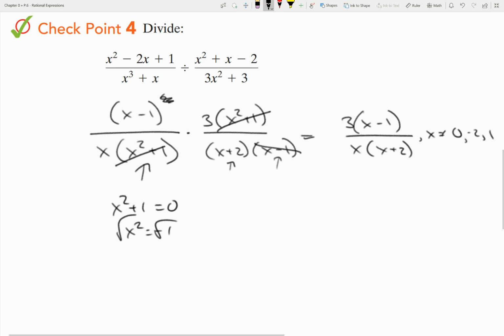Plug in a negative number, you still get a positive. Right? And if you think of it as a graph, it's a parabola shifted up 1. So it's never going to cross the x-axis. It has no roots. It has no zeros. Right? And so that expression, x squared plus 1, does not contribute to the excluded values because it's never actually equal to 0.